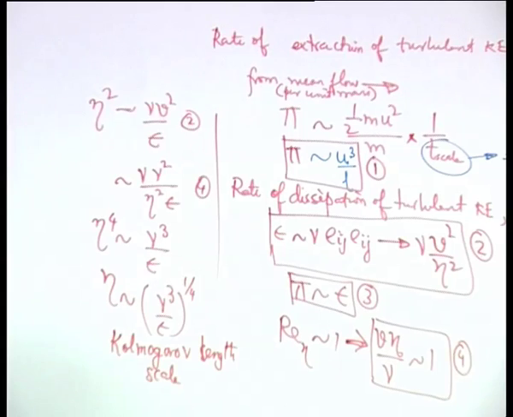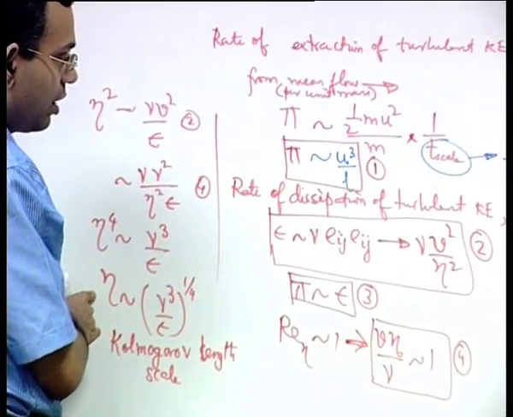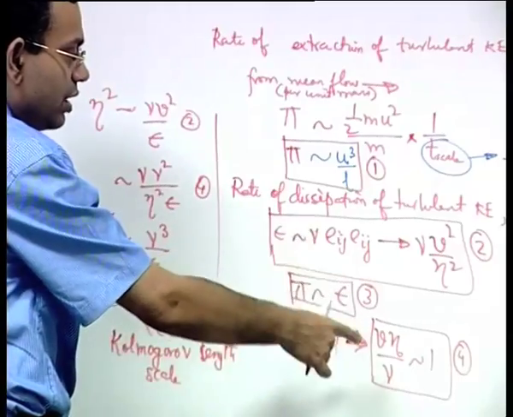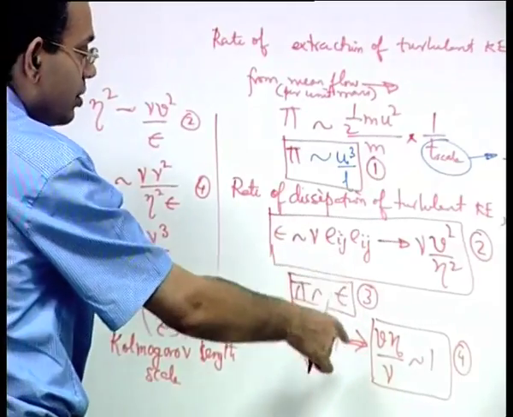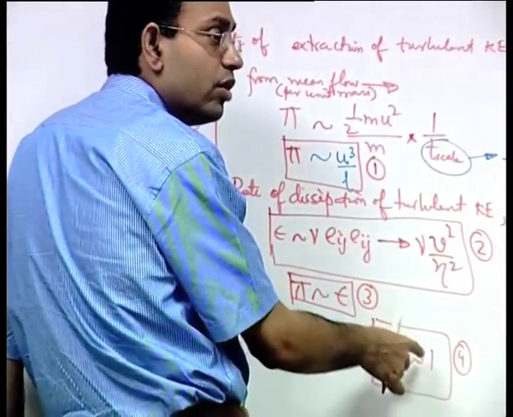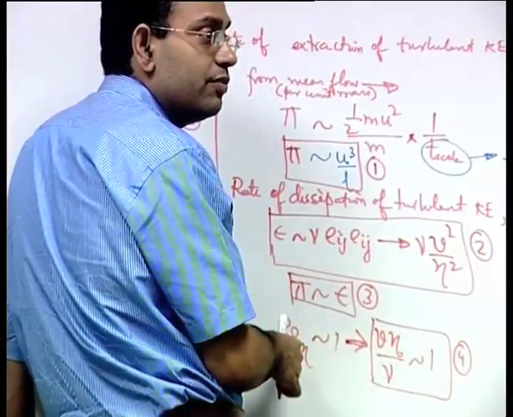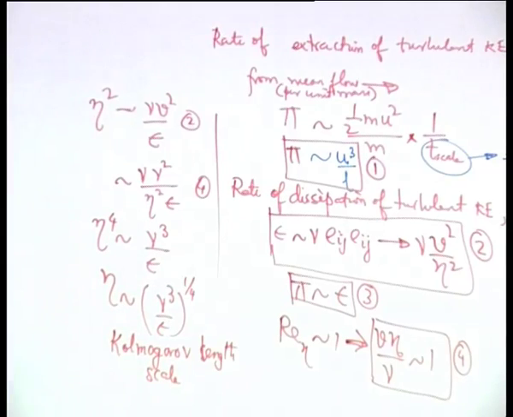Now we can try to assess how this Kolmogorov length scale relates to the system length scale. If you have the Kolmogorov length scale, the corresponding velocity that you can obtain by using any of these relationships, for example V eta by nu of the order of 1, then from that you can obtain V, that is known as Kolmogorov velocity scale. Now if we want to relate it with the system scale, you have pi of the order of epsilon.